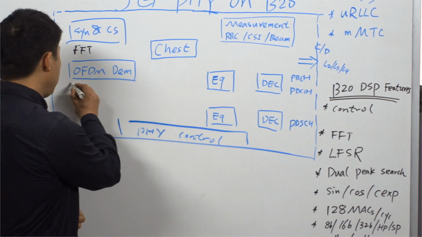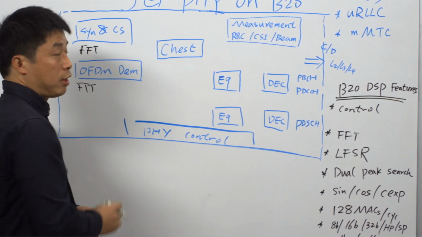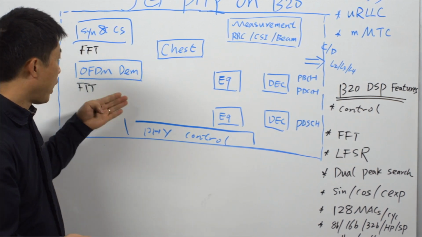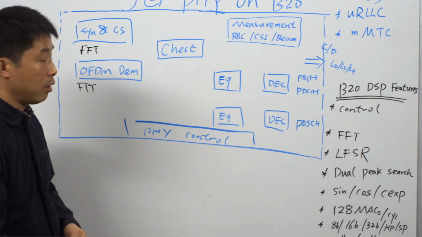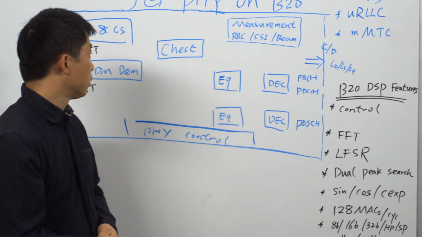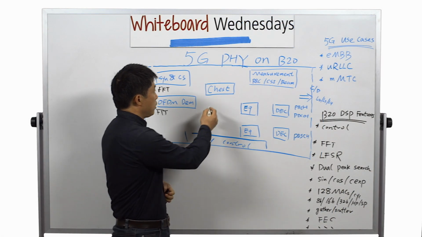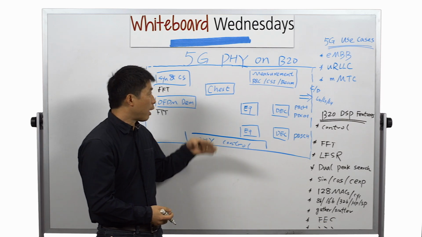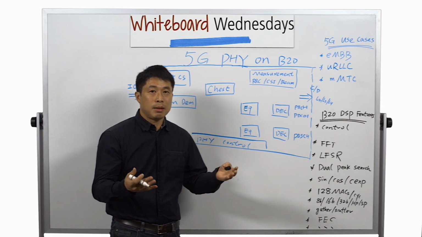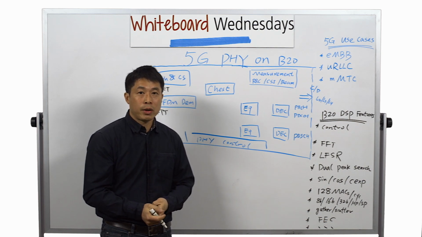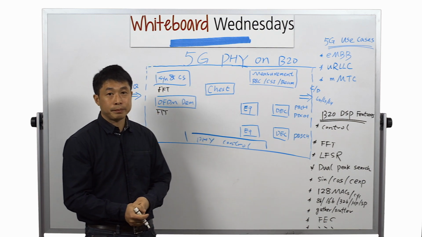It does FFT again, FFT shift, DC remover. It extracts the subcarriers for reference signal and different physical layer channels. The channel estimator will take the subcarriers for reference signal to estimate the channels, and do noise filtering and interpolation.